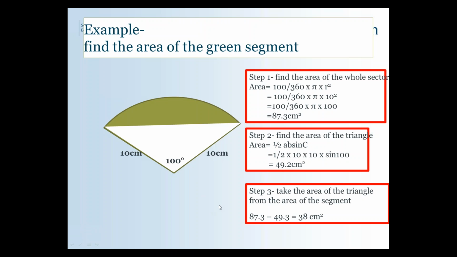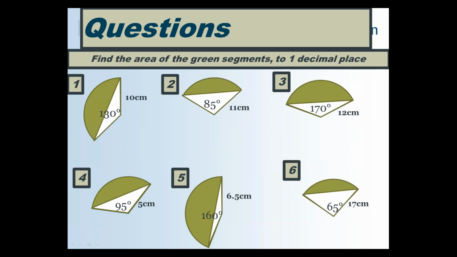But anyway, so you guys can have a go at doing those now. Do you want me to write the reminder to the area of the triangle? The triangle area is half A B sine C. So you do need a calculator for this bit.